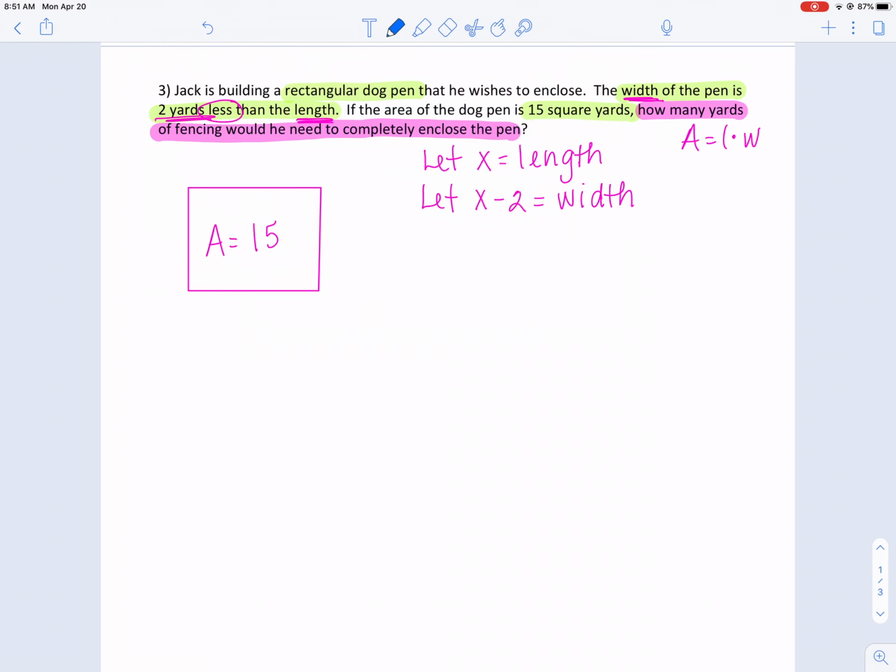Are they asking you for the area? No, that wouldn't make sense. And to be honest with you, the area is given. If they want to know fencing, think about where you put your fencing. Here's your fencing. What is this question really asking you for? Your fencing is asking for the perimeter. They want the perimeter of this dog pen.